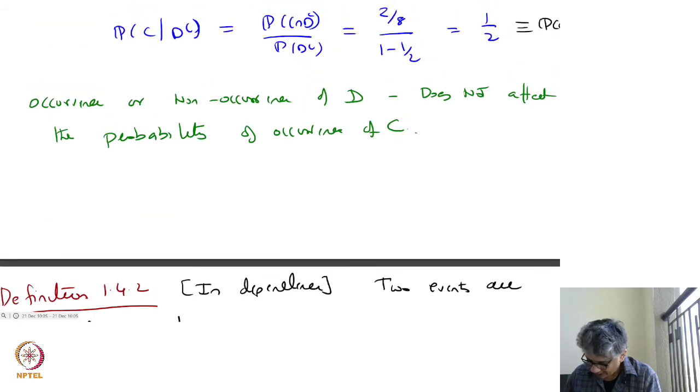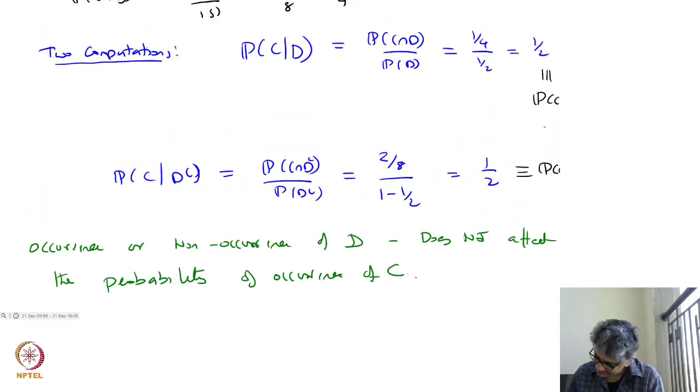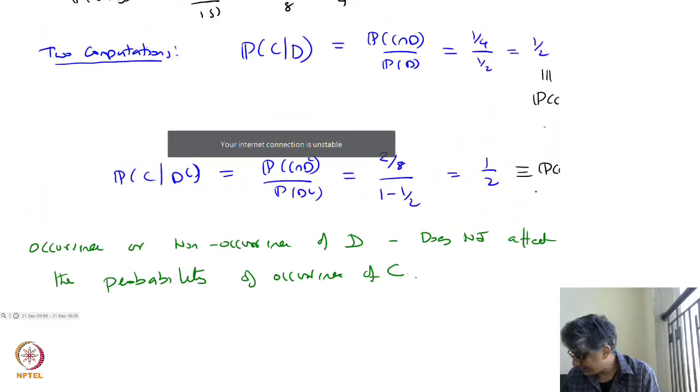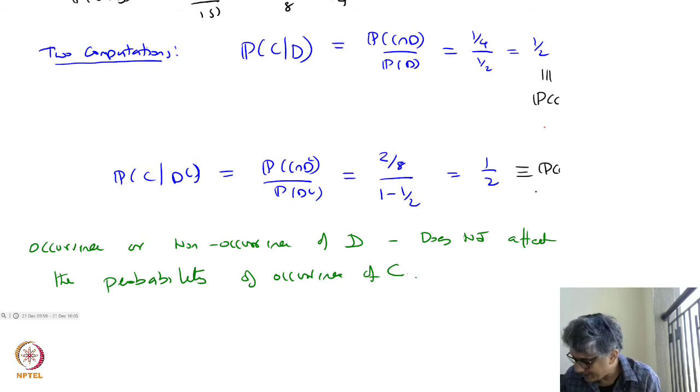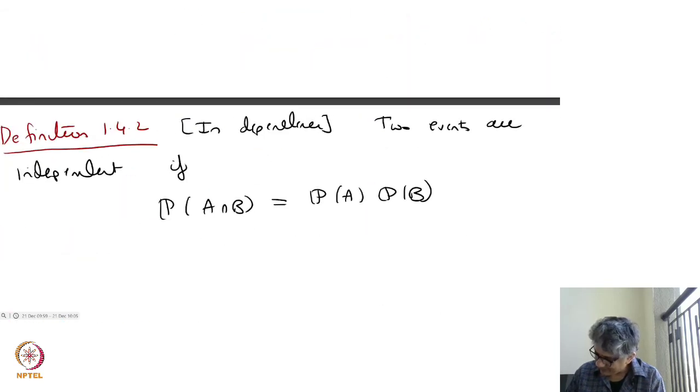So the occurrence of C is the same as the occurrence of C given D and C given occurrence of D complement, so they are by definition known to be independent if the probabilities match. Let me just rewrite the definition in terms of what was given above.